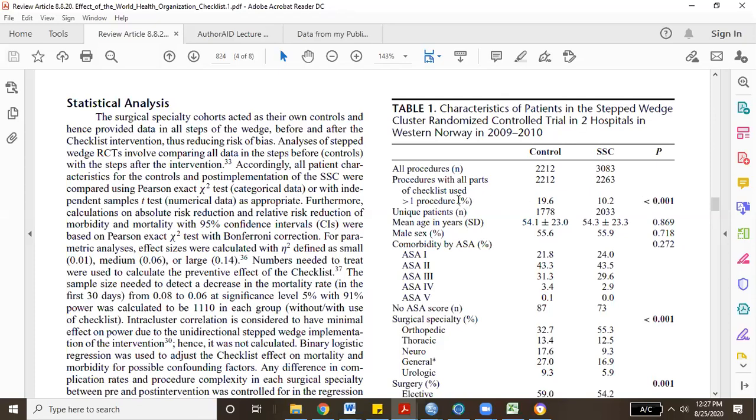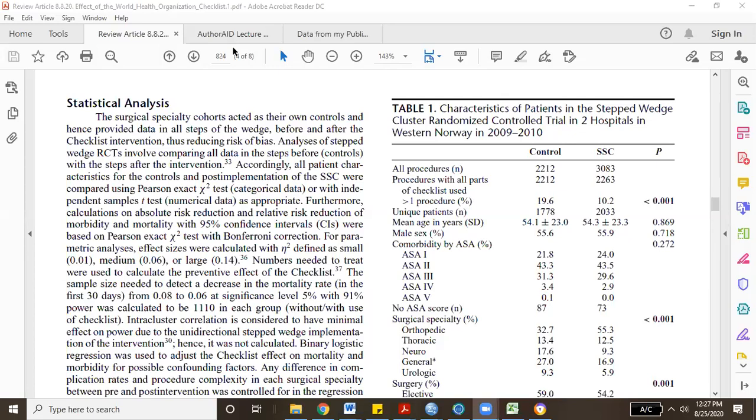So in this case, I can boldly say that when a checklist is not used on the patient, the patient can experience 9 times more surgical procedures compared to patients on whom the surgical safety checklist was used. And my evidence is here, which is the P is less than 0.05. So that is statistically significant.